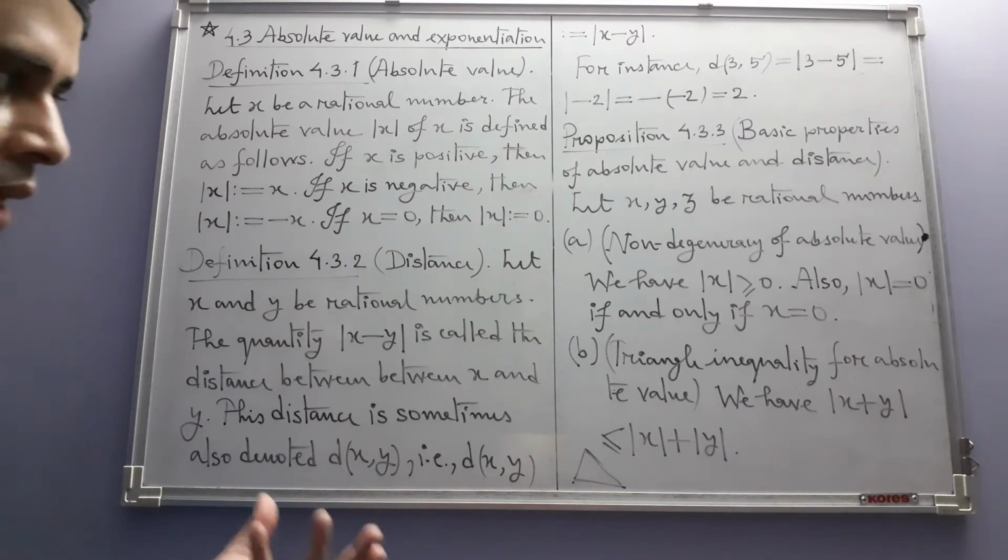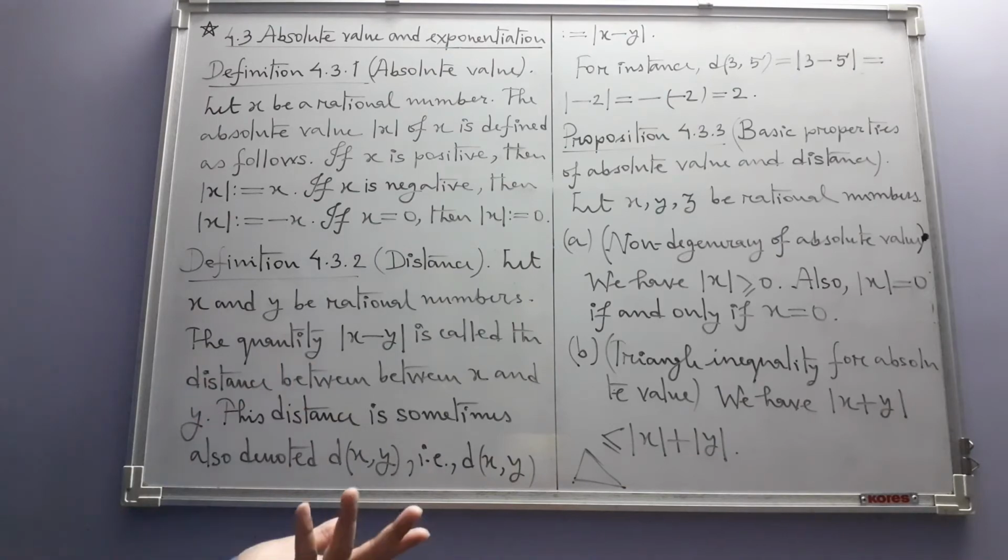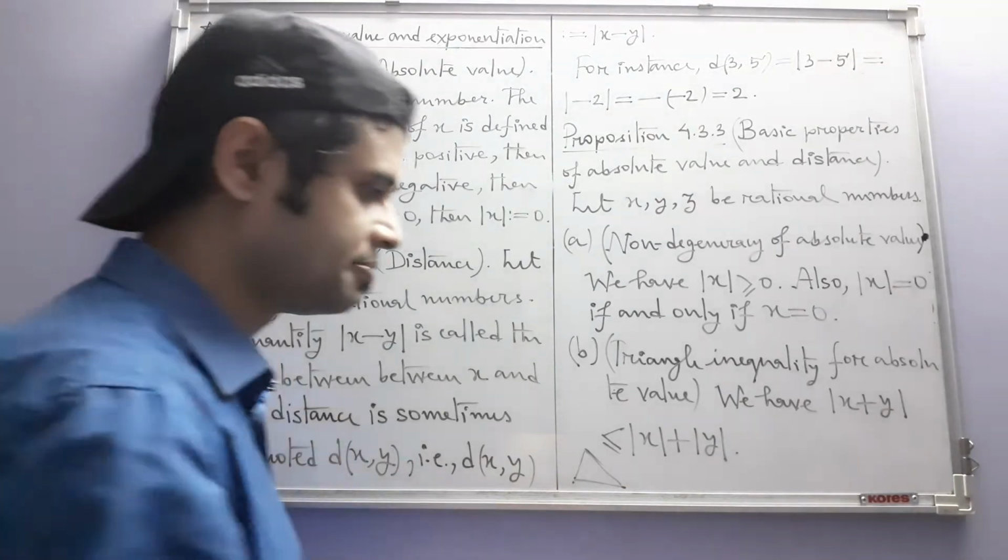It's from that property this has come. Exactly why it's called triangle inequality, we will see that much later.